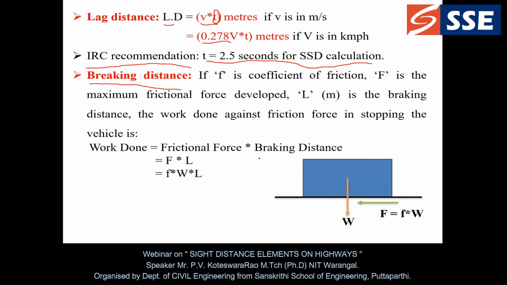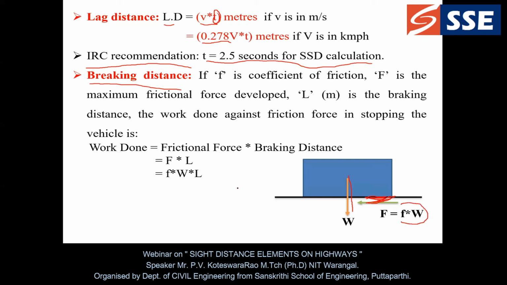Next, what is the braking distance? While applying the brakes, please observe this diagram. The frictional force comes into the picture. This is the vehicle tire and the road surface. When I apply the brakes, there is a frictional resistance between the road surface and the tire. Here the total weight of the vehicle is W, and the normal force is W, so the frictional force is the coefficient of friction into that normal force.